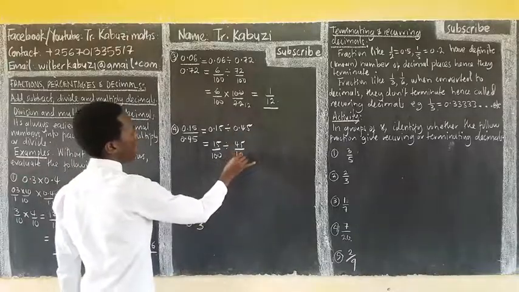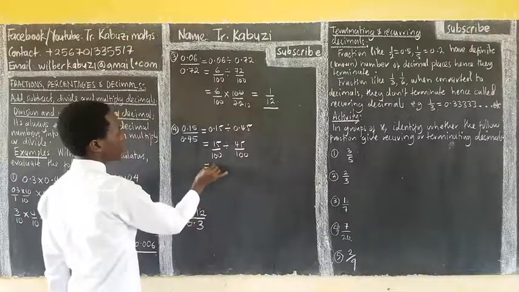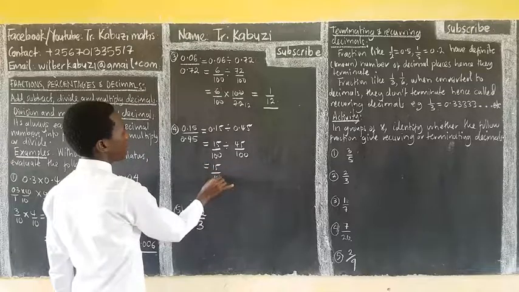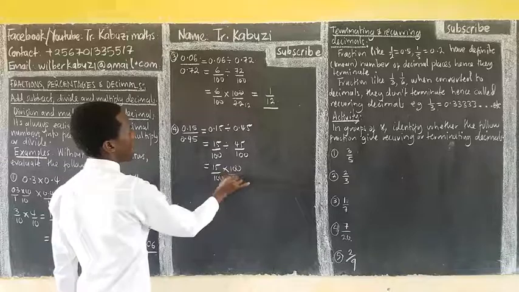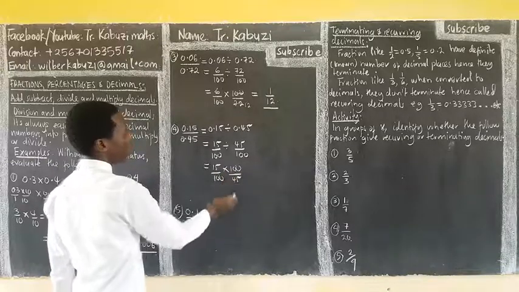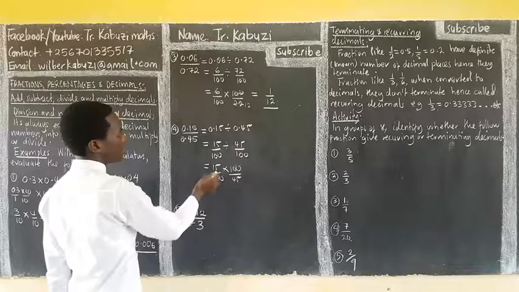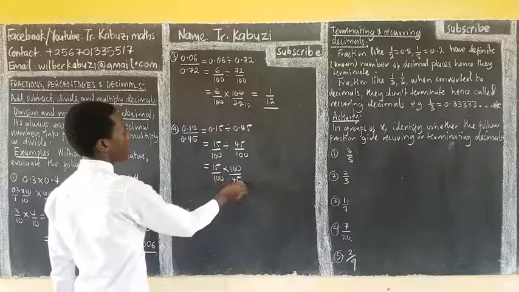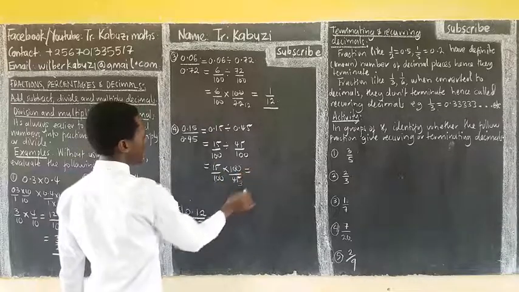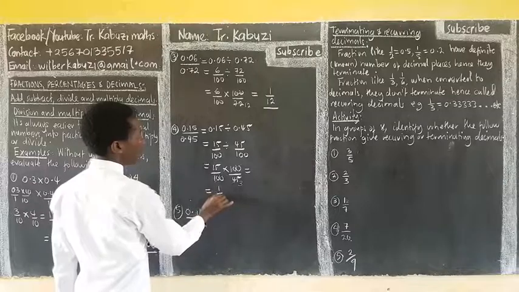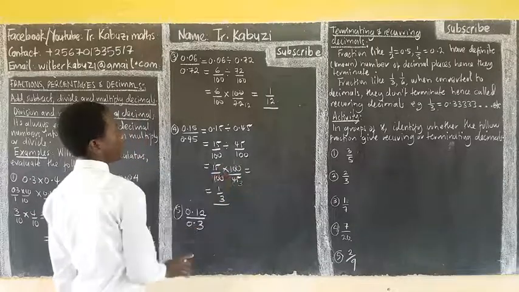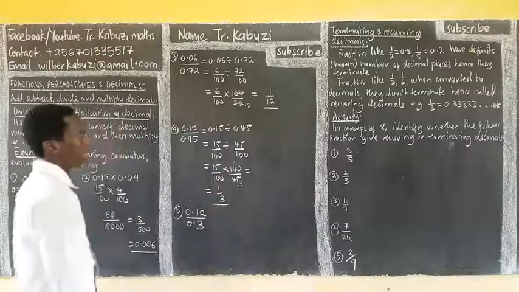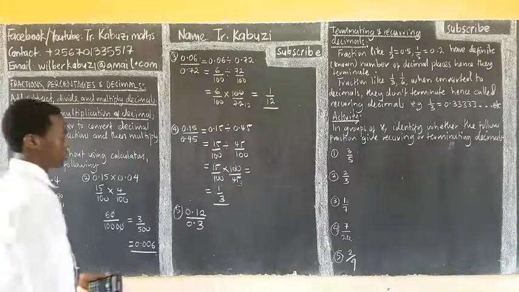Still we have 100 there. Then we said if you are dividing, you get a reciprocal: 100 over 45. This one vanishes by this one, by this 3. So our answer will be 1 over 3, since 1 times 1 is 1, and 3 times 1 is 3.